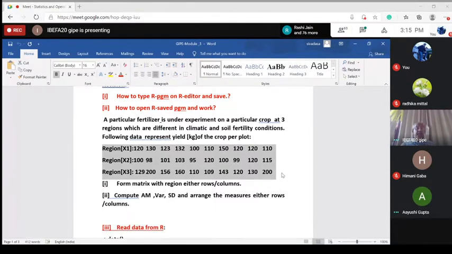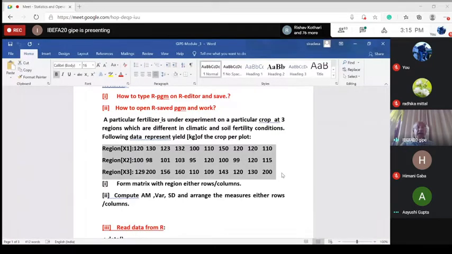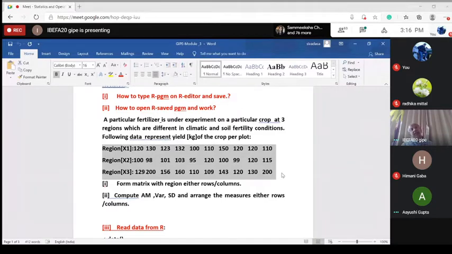Yes sir. If I use C bind, A, B, C will come as my columns and students will be my rows. Write it and see in your book. Okay, sir.